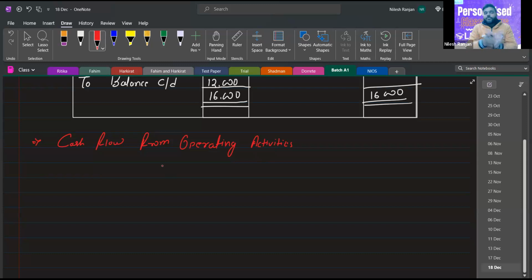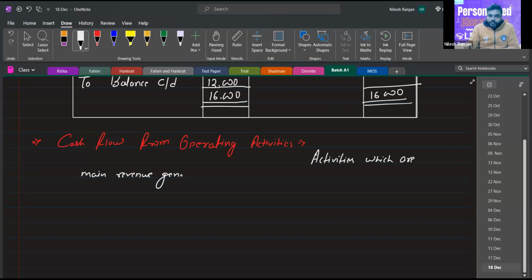Now, first of all, operating activities means the main revenue generating activities. The main revenue generating activities are called operating activities.